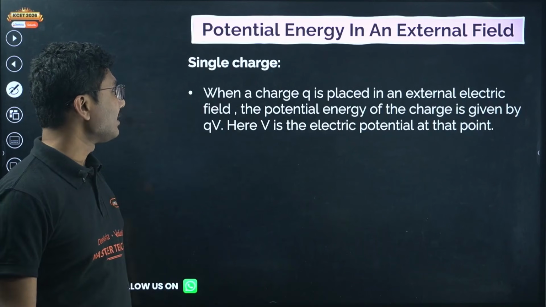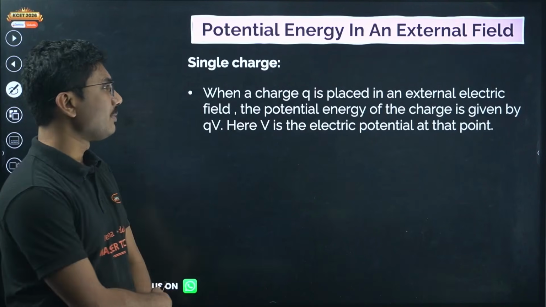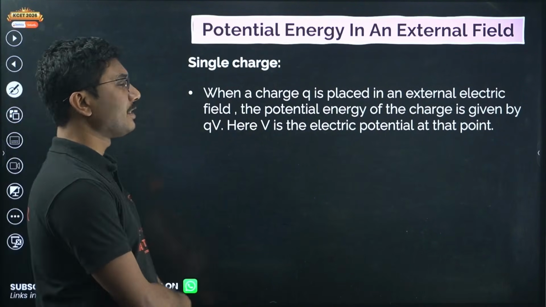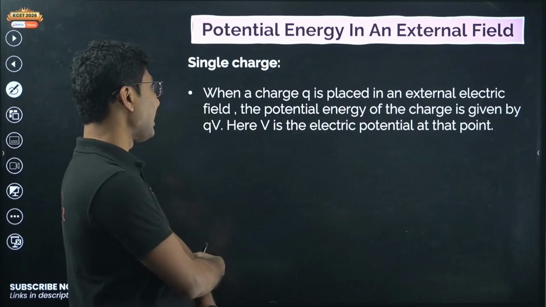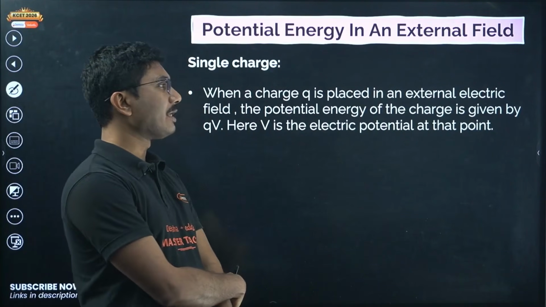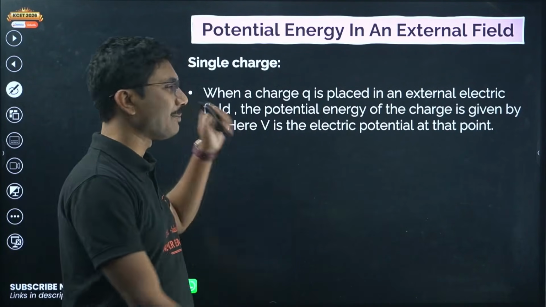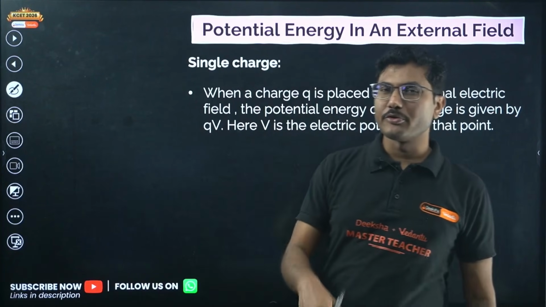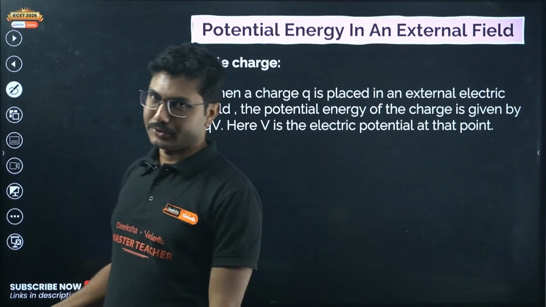So single charge: when a charge small q is placed in an external electric field, the potential energy of the charge is given by small q into V. Here V is the electric potential at that point. So basically same as electric field and force. We started with Coulomb force, moved on to electric field, then we came back to force, right?